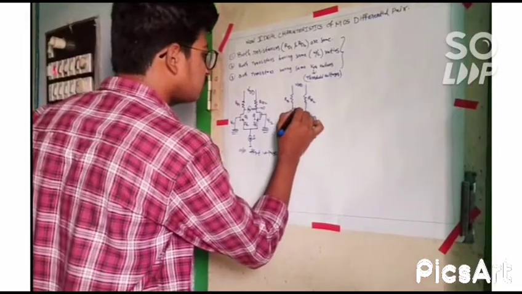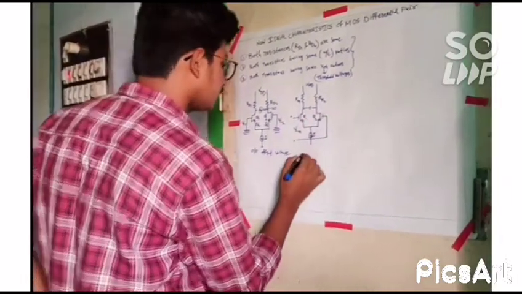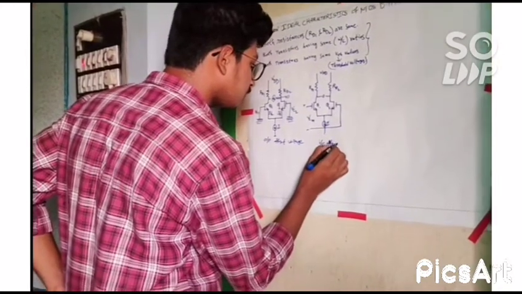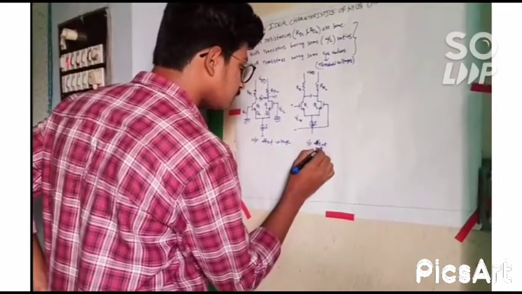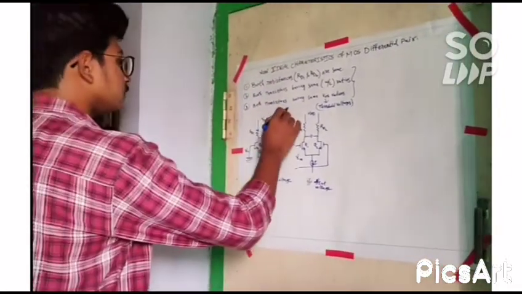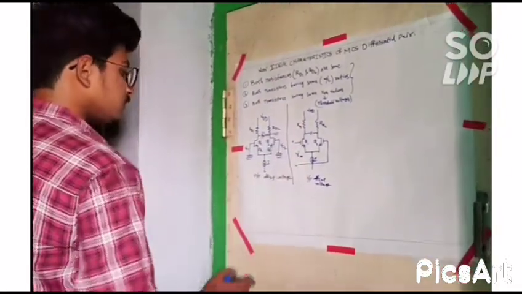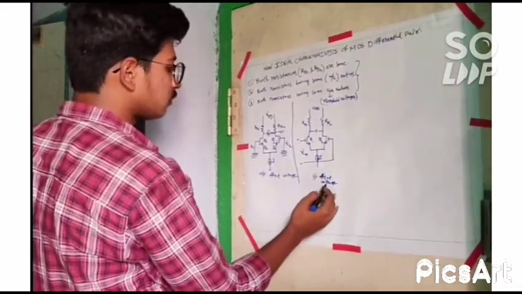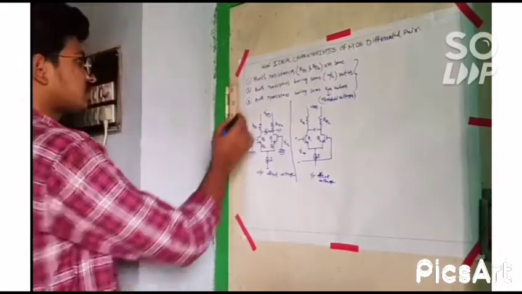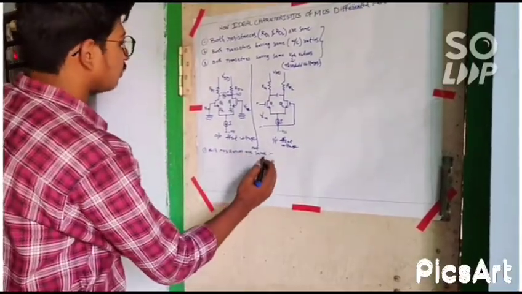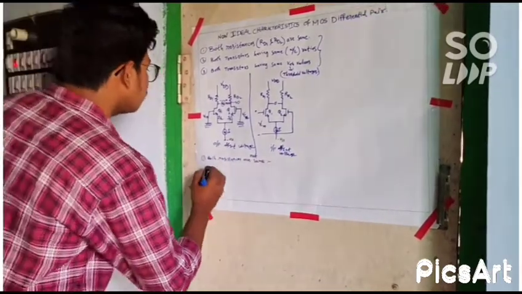Now here the voltage is zero, which is called input offset voltage. To make this zero, we should apply some input offset voltage. First case, now both resistances are not the same.